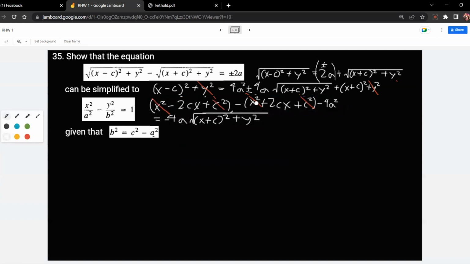So square root of x plus c squared plus y squared is equal to a plus c over a x.